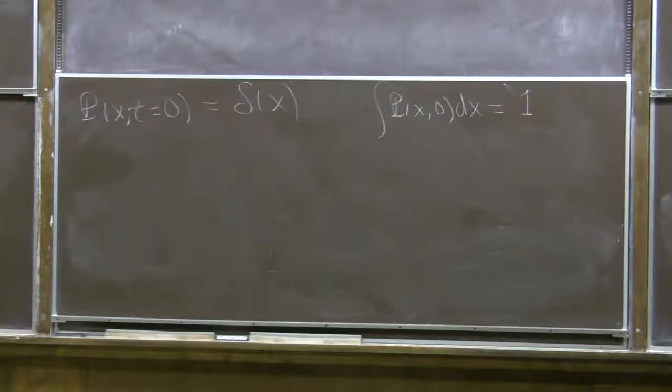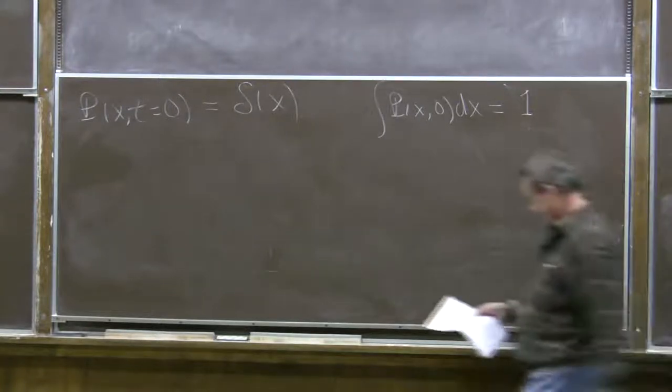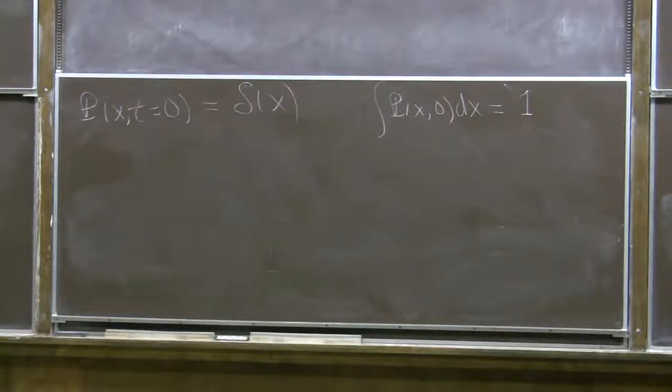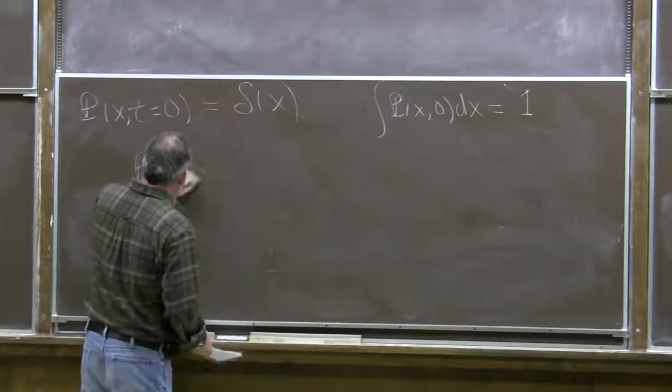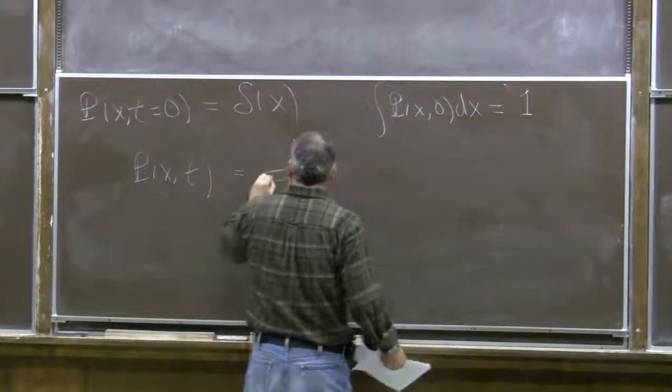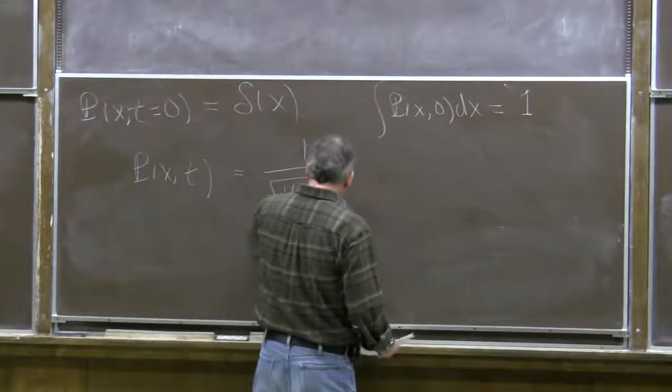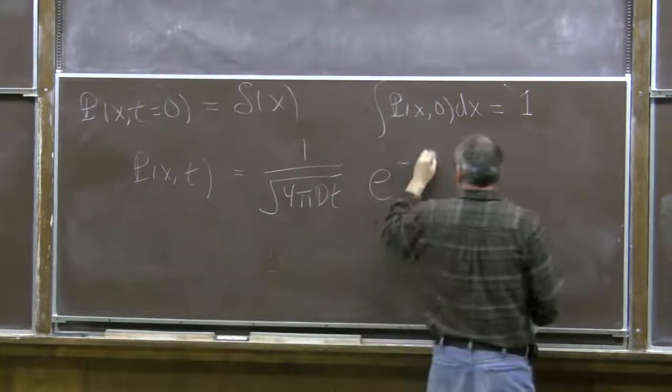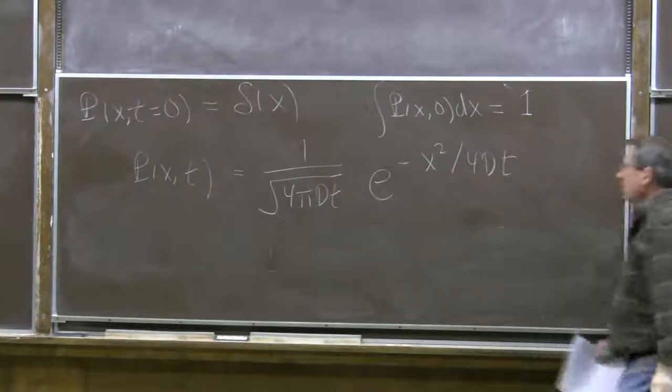Well, if we look at the expression we had just by thinking about the unbiased coin for the probability density as a function of position and time, written in terms of what we've now identified as the diffusivity, delta squared over 2 epsilon, at time t, the solution with this boundary condition, when we start out at the origin, can be written as 1 over the square root of 4 pi Dt e to the minus x squared over 4Dt.